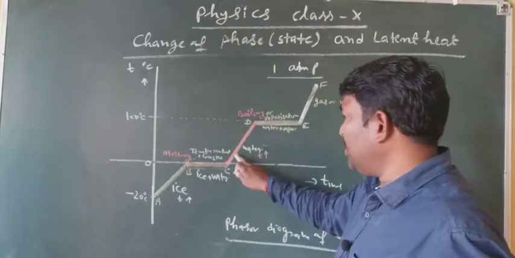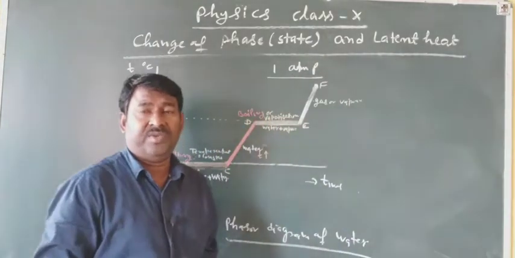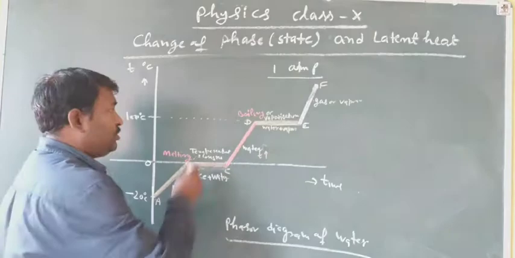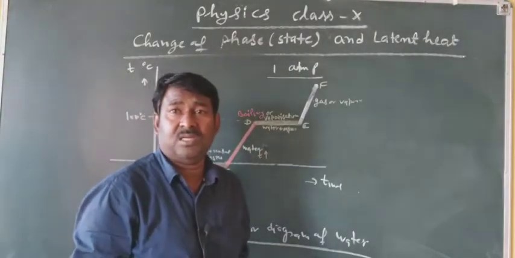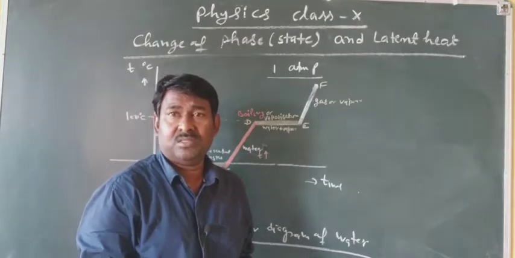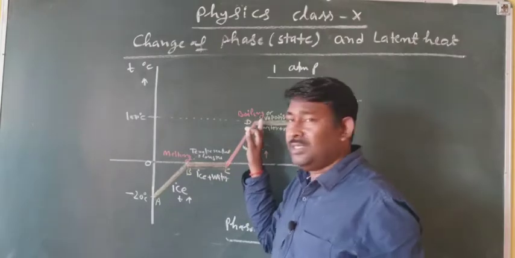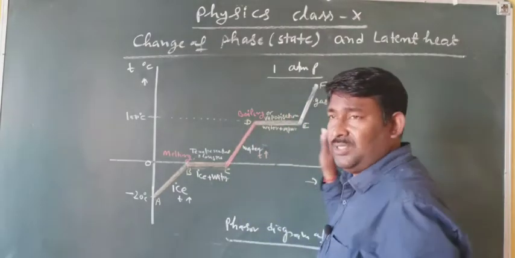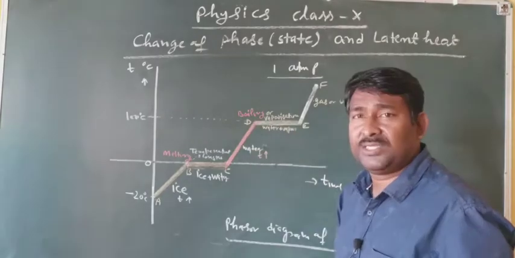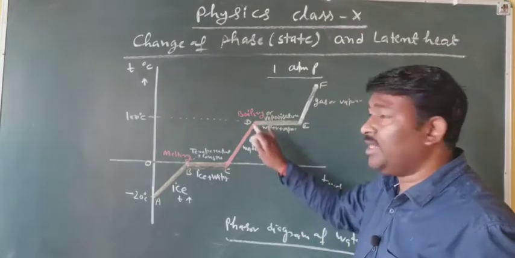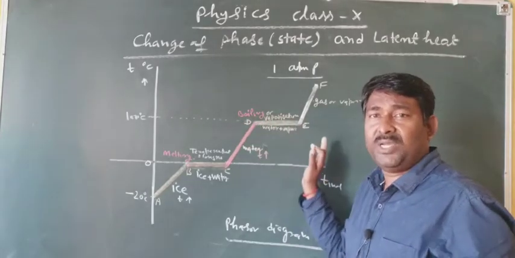Okay. The temperature of this water increases, and due to continuous supply of heat, its temperature reaches 100 degree centigrade, and at 100 degree centigrade the water starts boiling, and hence its state starts converting. So state conversion starts at 100 degree centigrade, which is called the boiling point, and the phenomenon is called boiling or vaporization.